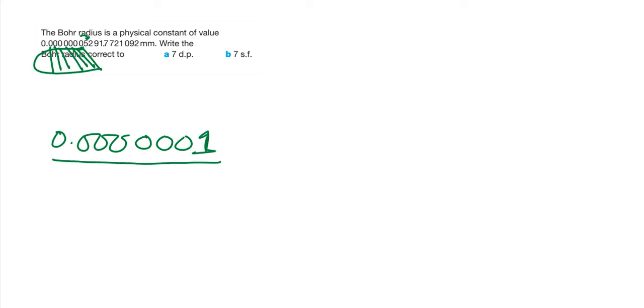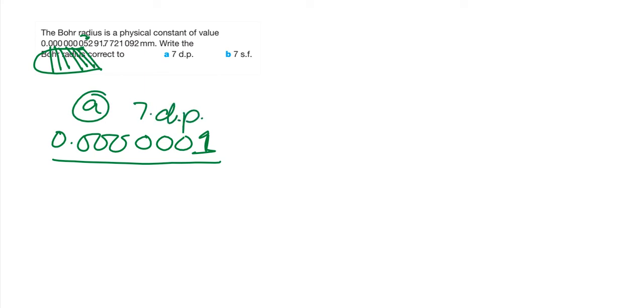This is the 7th digit, and you can see the 8th decimal place is the number 5, so we can easily add one, and that will be corrected to 7 decimal places.